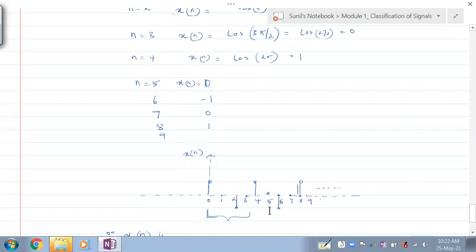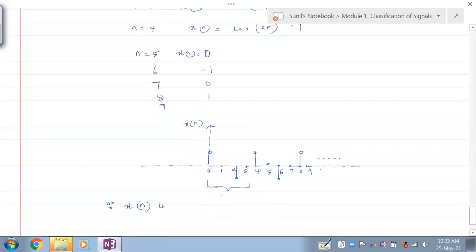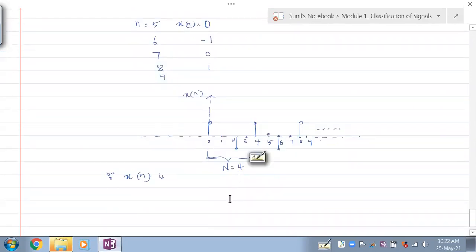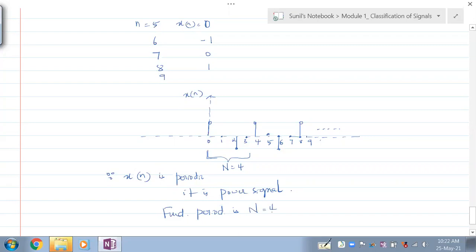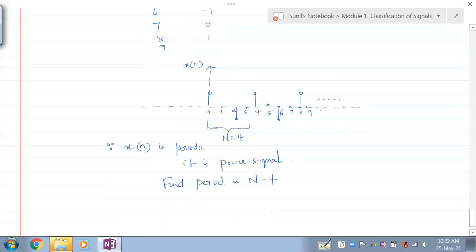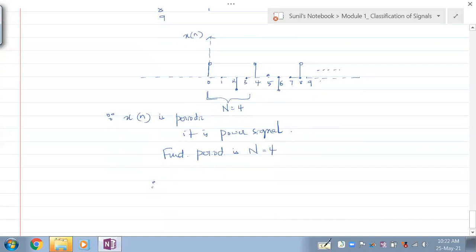How many samples are repetitive in nature then? So it's 4 samples. Since x of n is periodic, it is a power signal. The fundamental period is N equal to 4.